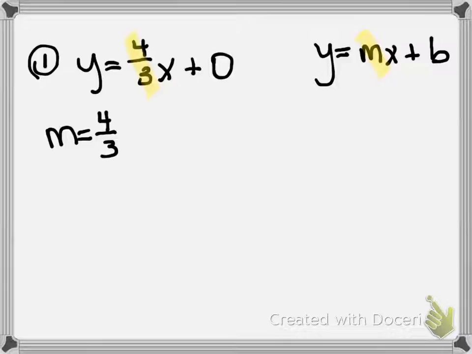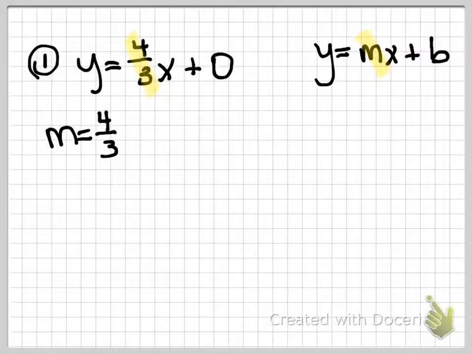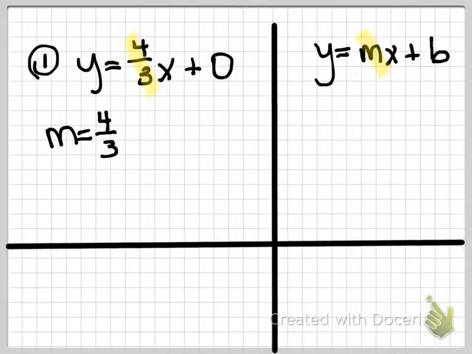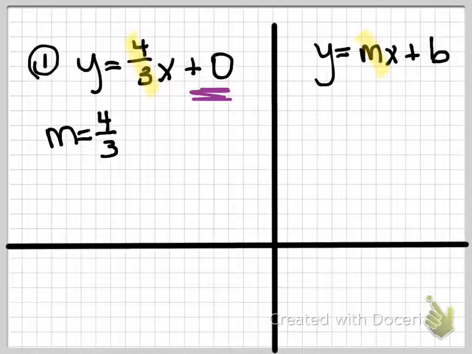So to graph this, you will always start at your y-intercept. So we're going to start at 0 because that's our y-intercept. We don't always start at 0, so don't get in the habit of that. So you go to your y-intercept and you make your dot. From that y-intercept, we're going to use our slope.